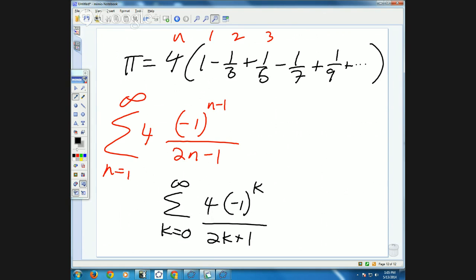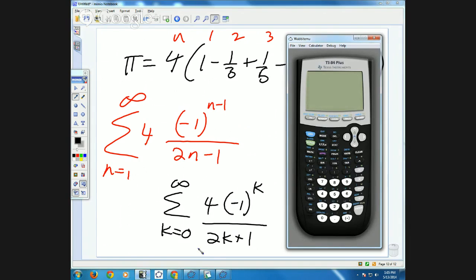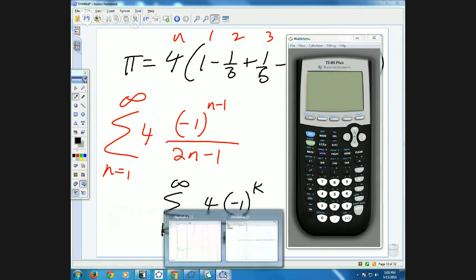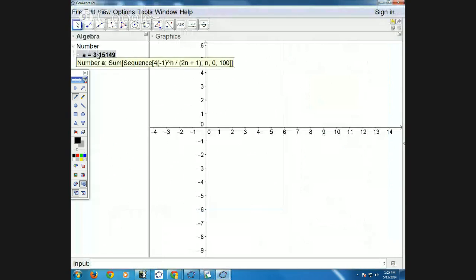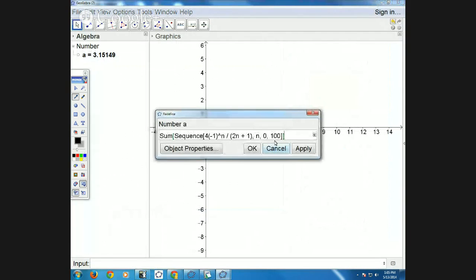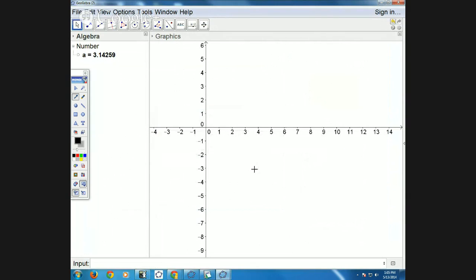After 100 terms, I only have about one decimal place of accuracy, 3.15. Maybe I could do 1,000 terms. I don't know if the calculator can do 1,000. Oh, 3.14. I have 2 decimal places of accuracy. If I go out 10,000 terms, 3 decimal places of accuracy.